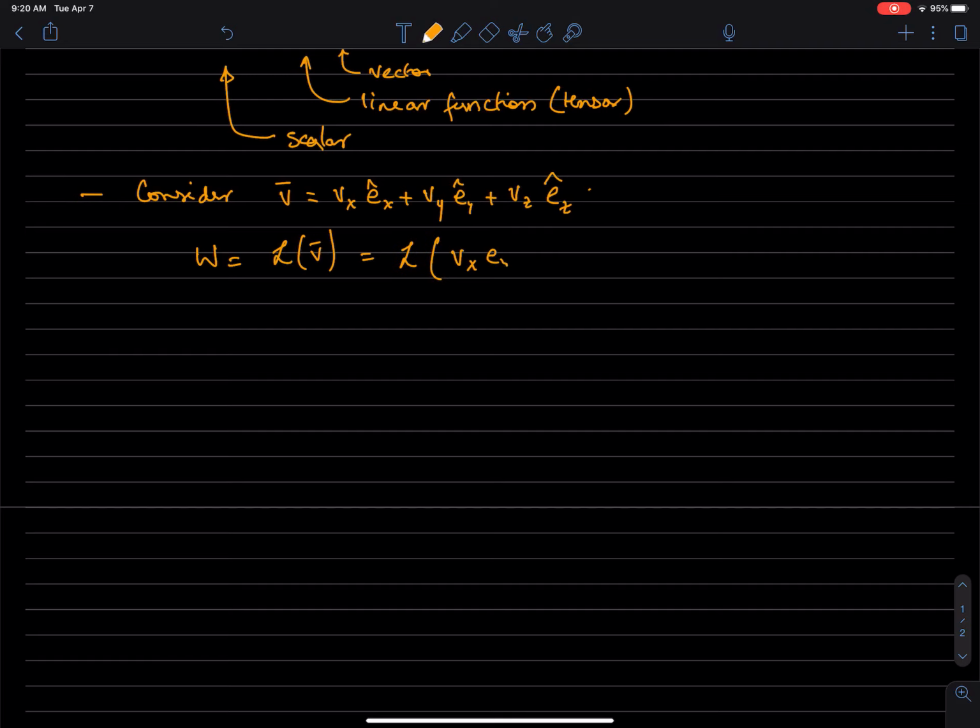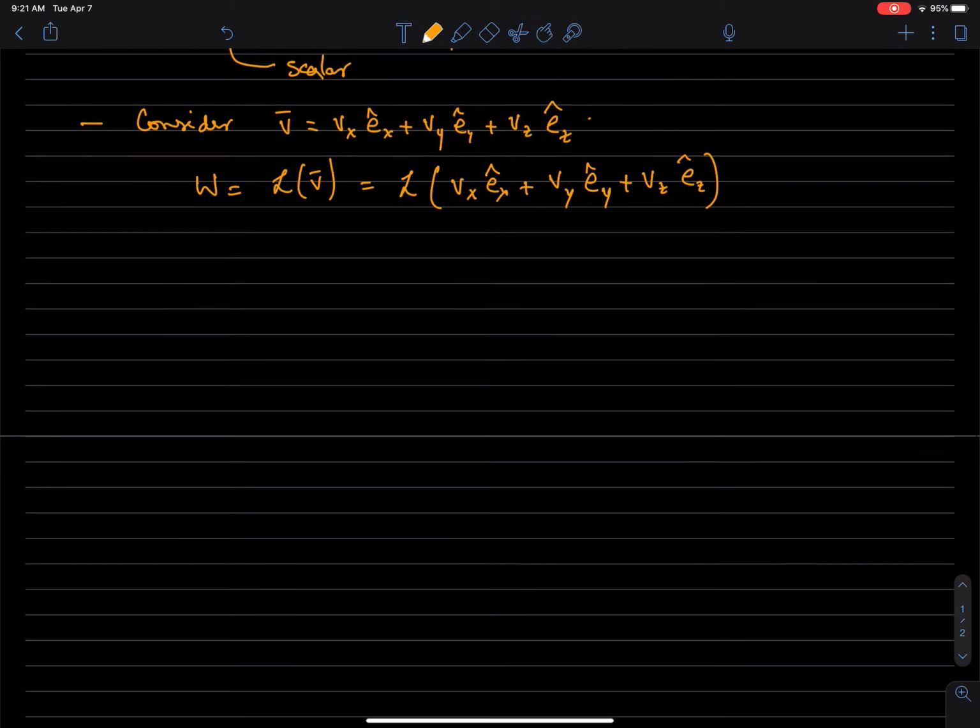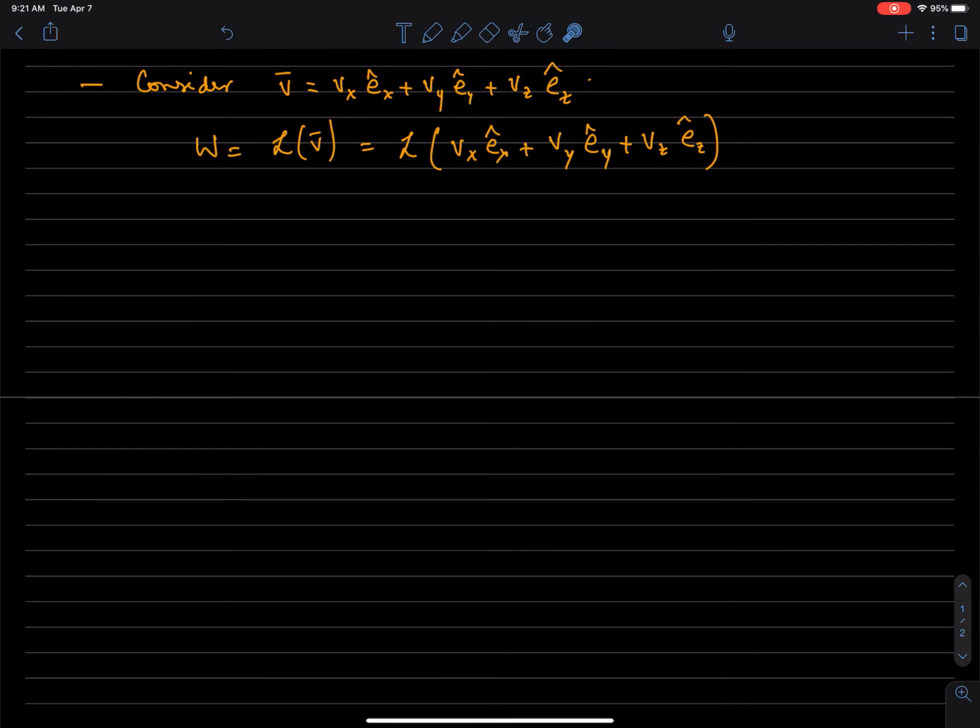Vx and Vy and Vz are of course scalars, right? And Ex, Ey, Ez are vectors. First of all, we can expand this out because of linearity into these three quantities.